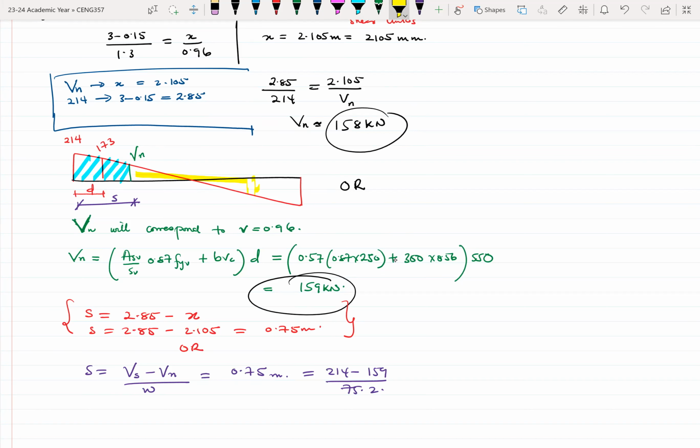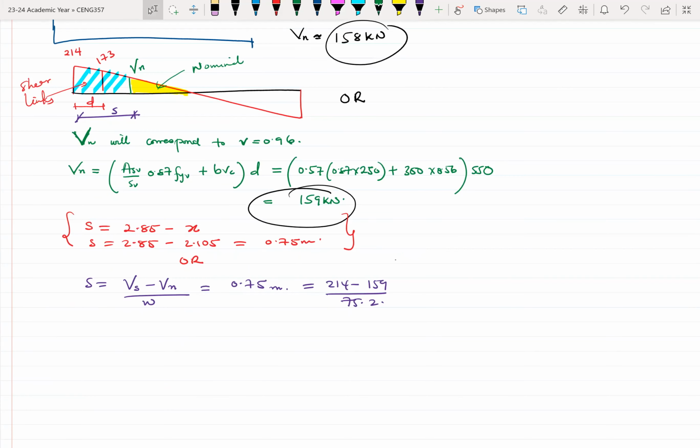Whatever is happening on the left side, the same thing is happening on the right. So this is for nominal, and the information here is for the shear links. Great. So now let's see how many do we need, right?